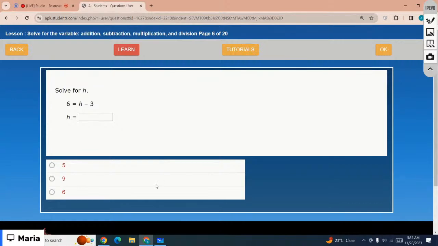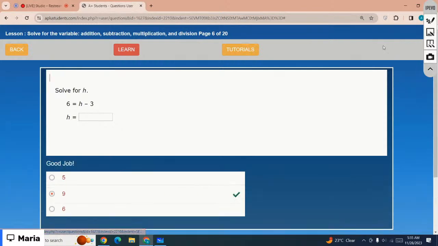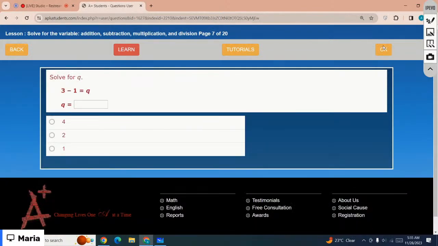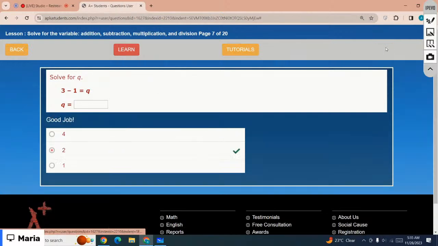That is 9. The correct option is 9. Okay, q equals 3 minus 1, so which is the correct option? 3 minus 1 is 2. The correct option is 2.